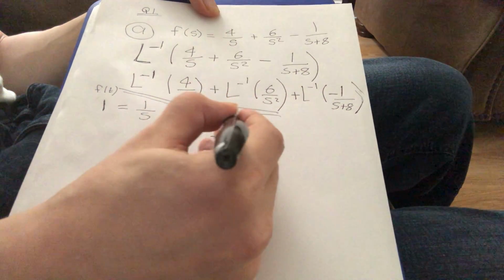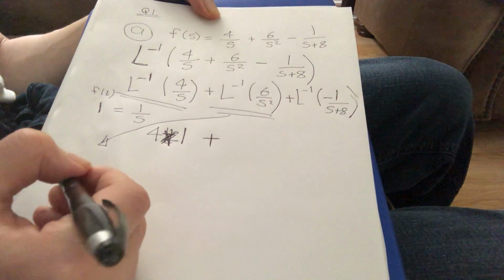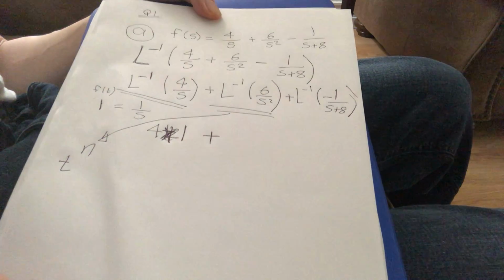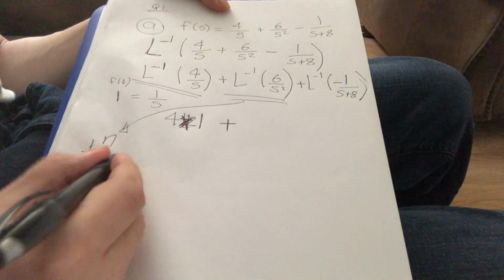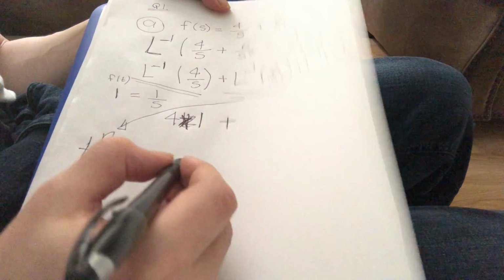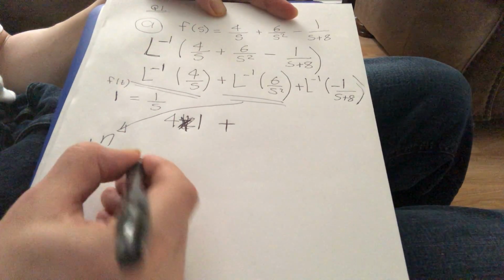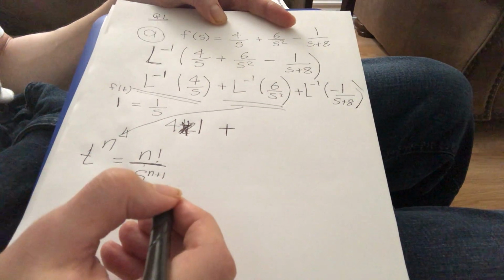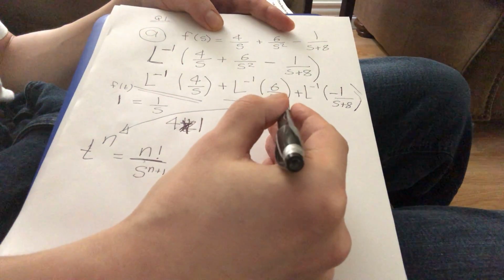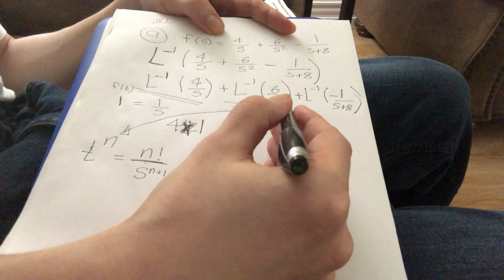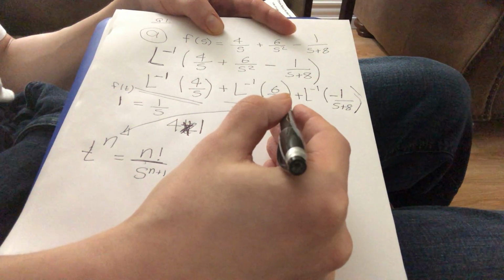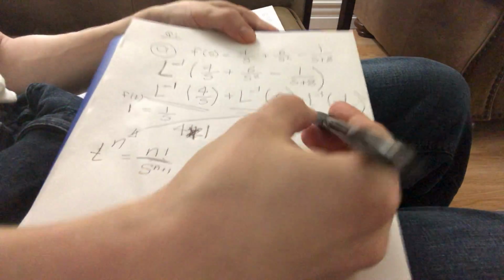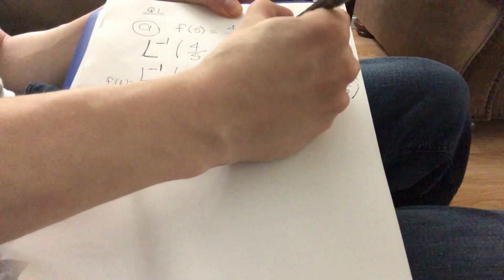For this one, we use rule number 2. The rule says it's t to the n. When it's t to the n, the transform is n factorial over s to the n plus 1. So you see it's s to the power 5, sorry.